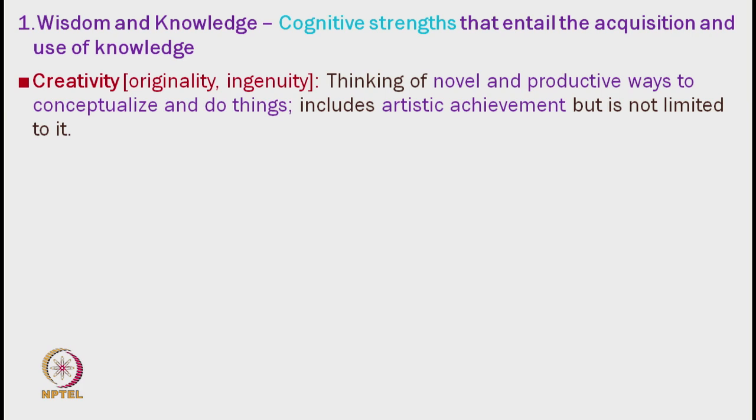originality or ingenuity. Thinking of novel and productive ways to conceptualize and do things; it includes artistic achievement but is not limited to it. So, if you are at a higher level on novel and productive ways to conceptualize things and artistic achievement, then we have this character strength called creativity.